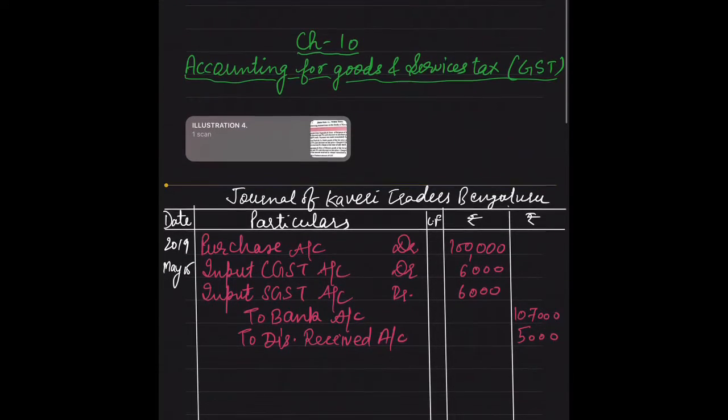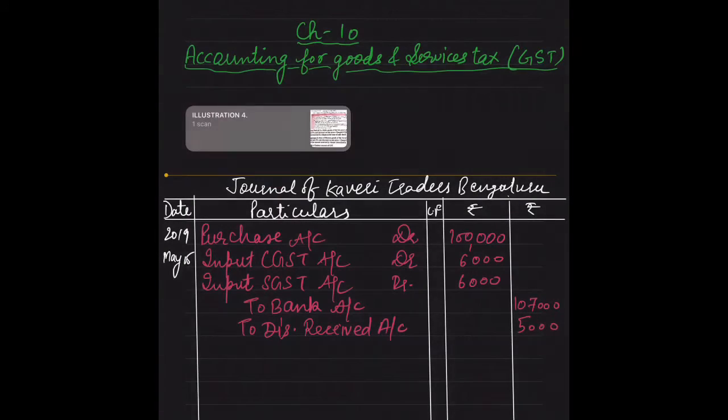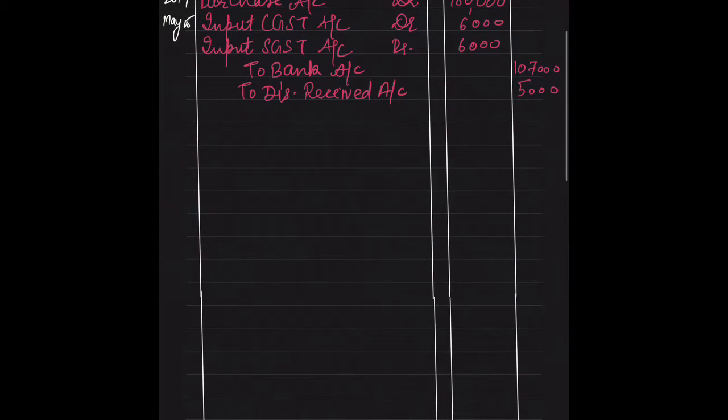Now move to the next transaction: sold to Arvind Patil and Company, Hubli, goods of the list price of 4 lakh at 25% trade discount, 3% cash discount on the sale price, charged CGST and SGST at 6% each. Full payment was received by cheque at the time of sale itself. This is the case of a sale. The date is 20 May.